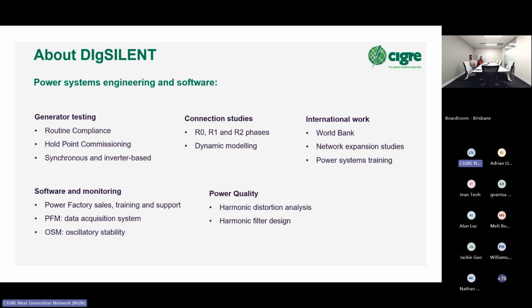So we sell PowerFactory and assist users with the PowerFactory software. We also do some international work, mostly network expansion and training for power systems or for using PowerFactory. And we do power quality, both as part of connection studies and in case there are issues, people ask me questions and so on.